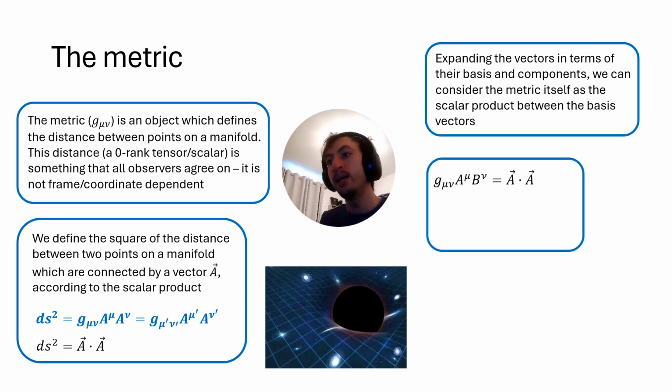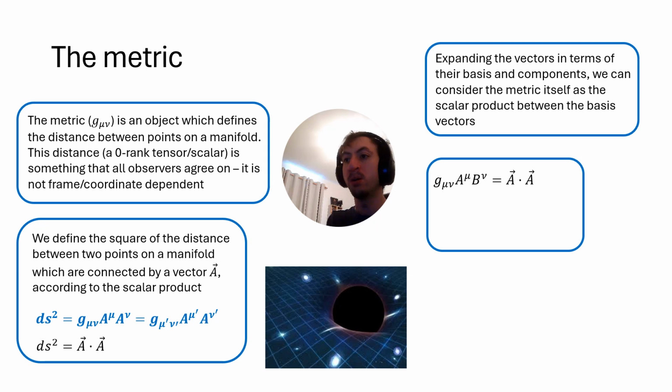And we can actually use our scalar product notation to get an expression for the metric in terms of the basis vectors for our vector A, and therefore define the components of the metric within a coordinate system. And that gives a good physical intuition for the components of the metric tensors, so it's worth doing.